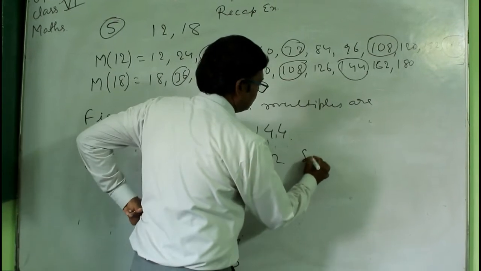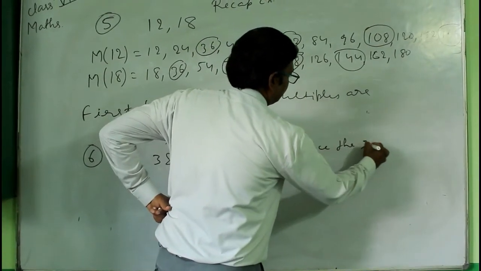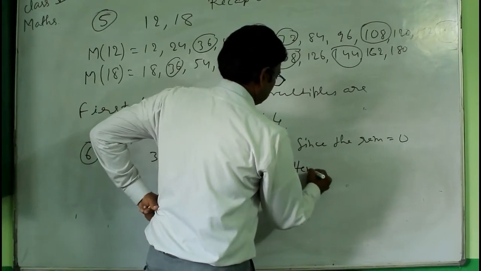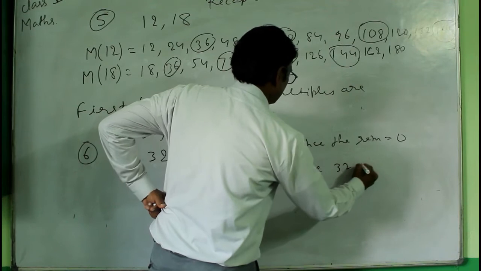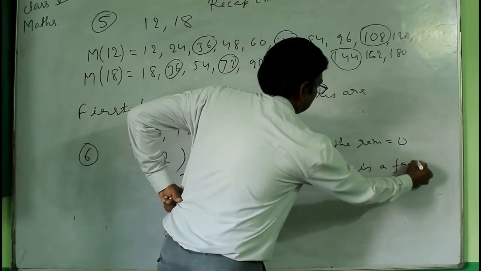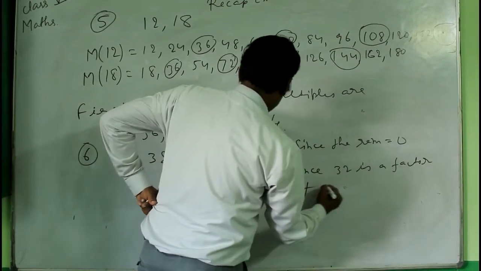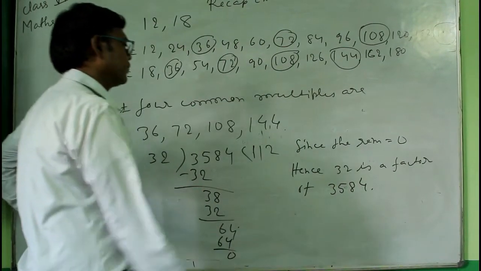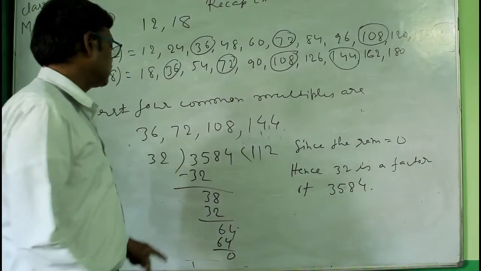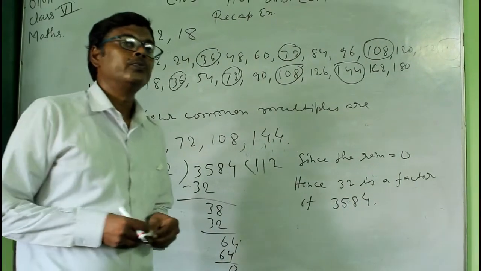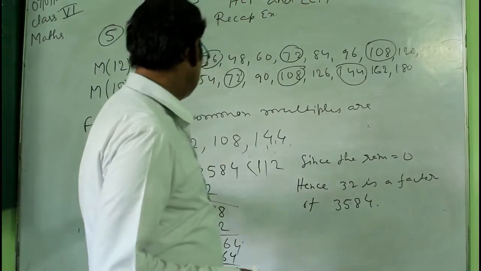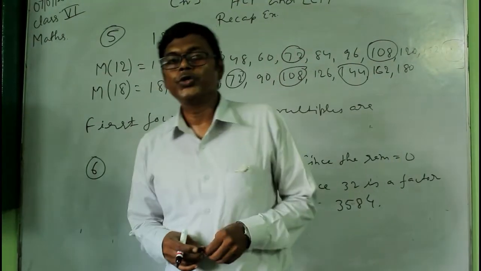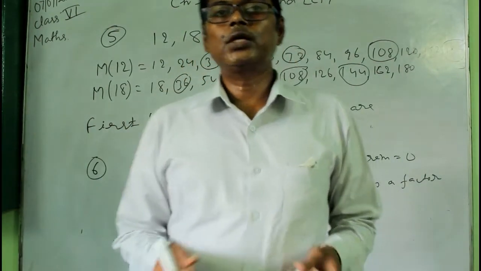So here you will write that since the remainder is equal to 0, hence 32 is a factor of 3584. You will write the answer like this. If the remainder is 0, then the divisor will be a factor of the dividend, and if the remainder is not 0, then the divisor will not be a factor of the dividend.